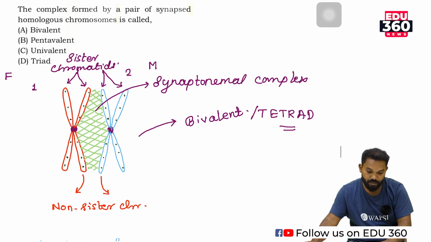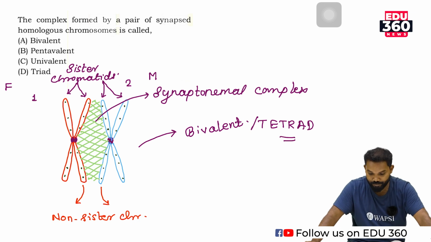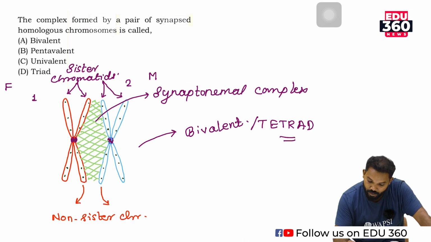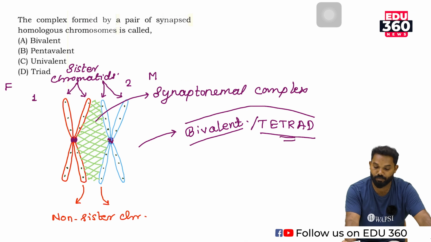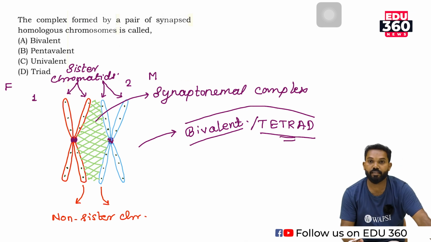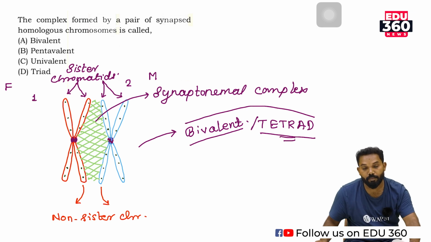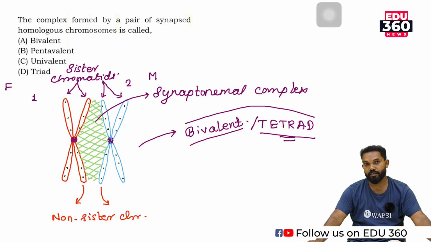After the synaptonemal complex is formed and synapsis takes place, the chromosome is called bivalent. The term bivalent or tetrad is used only in meiotic division. In mitotic division, there is no bivalent or tetrad formation. The characteristic feature of meiotic division is bivalent or tetrad formation. So after synapsis, the chromosome is said to be bivalent.